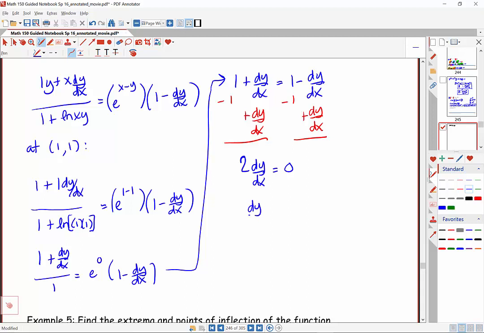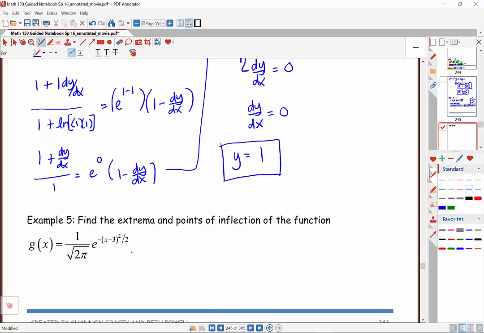So dy dx is 0. So what happens when you have a slope of 0? Good, it means you have a horizontal line, so y equals 1. It's just going to go the horizontal line y equal to 1 will be the equation of the tangent line at that point. Okay?